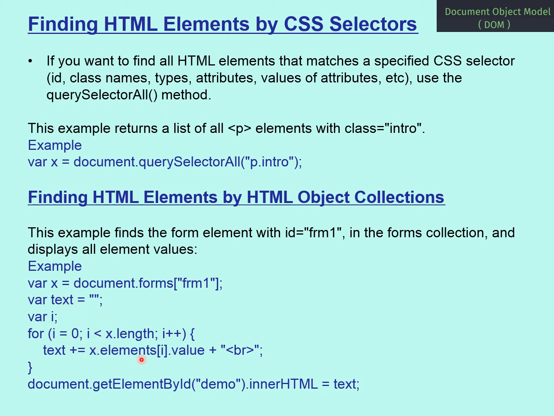Those values are appended to a text variable, and finally we place the data of that text in a component with id demo. Hope you understood these examples.